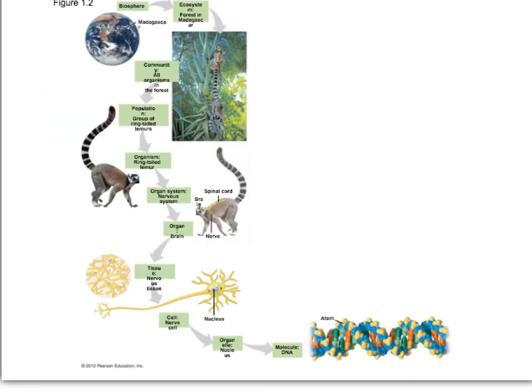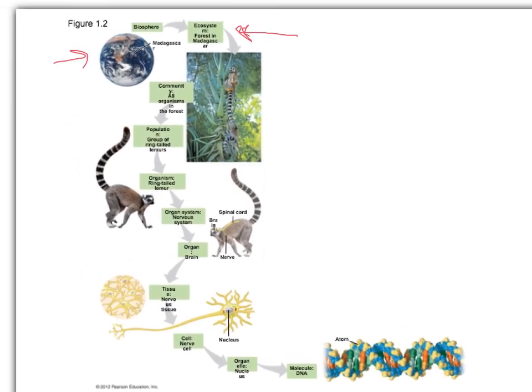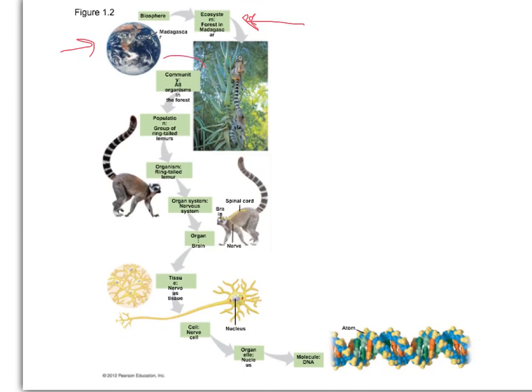So to review from the largest to the smallest, let's do this again. We have our biosphere. The biosphere is made up of many different ecosystems. In all of those ecosystems, we have what are called communities. The communities, again, were the plants and the animals interacting with one another. And then we had a population, so we had our population of lemurs.